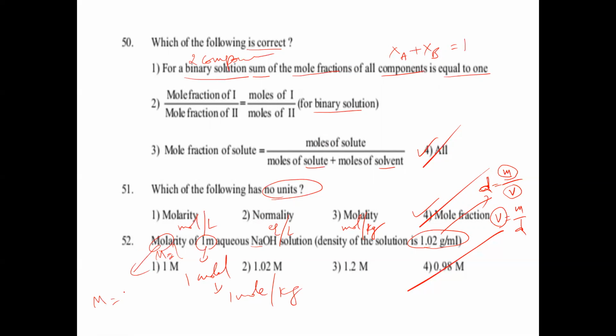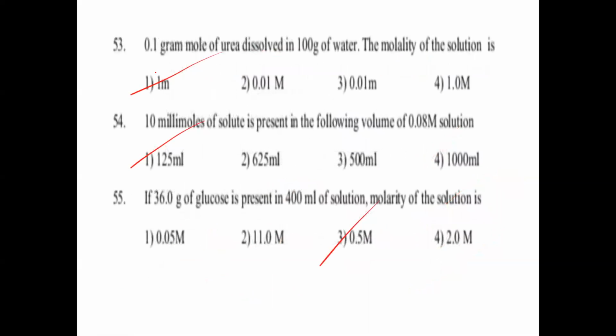The molarity formula is the number of moles of solute by volume in liters. So we calculate this volume using the formula mass by density, and the answer is 0.98. That concept we have to understand.